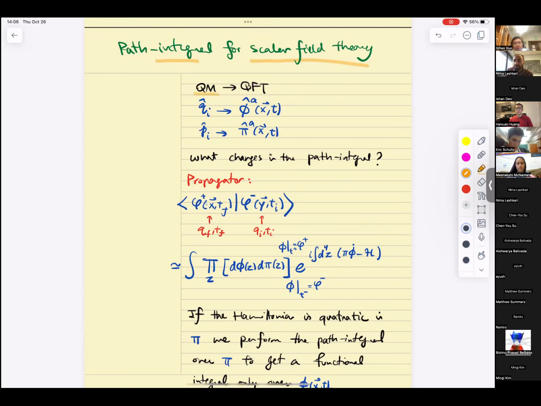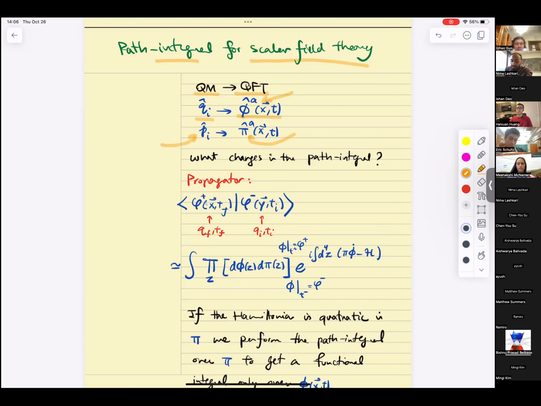In the transition from 0+1 to 1+1, from quantum mechanics to QFT, your q hat operators become a field operator φ_a. I've added some variable a there. Keep in mind, you could have many fields, right? Your p becomes π_a. This is the canonical conjugate variable.